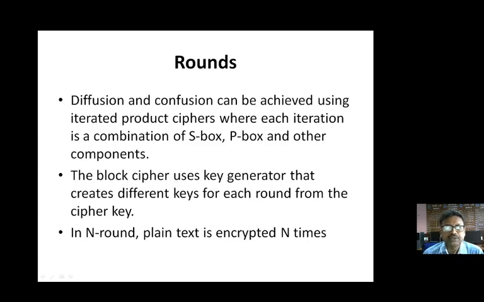The block cipher uses a key generator that creates a different key for each round from the cipher key. So, if there are n rounds, the plain text will be encrypted n times.